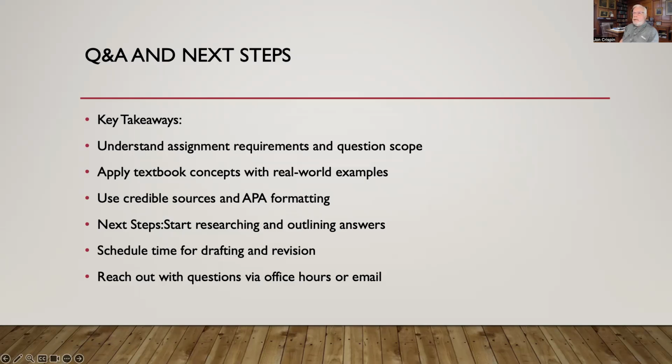Start researching and outlining answers early, schedule time for writing and revision, and also time for reflection. You'll be surprised how much clearer your writing can be when you let it sit for about 24 hours and then go back and review it, you'll see all kinds of opportunities on how to make it clearer and to improve it.